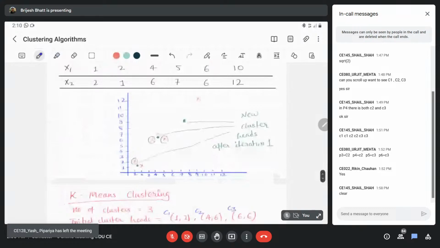That is equal to 1 into 2 plus 2 into 1, divided by square root of 1 plus 4 into square root of 4 plus 1, right? I hope you remember this.